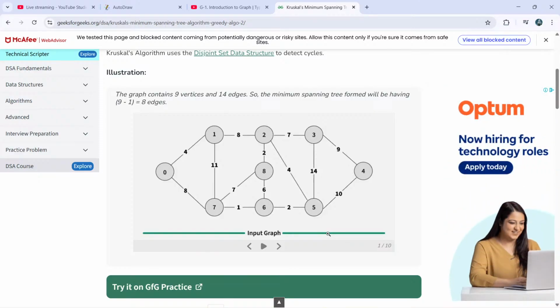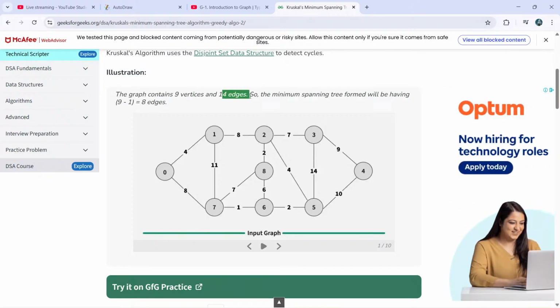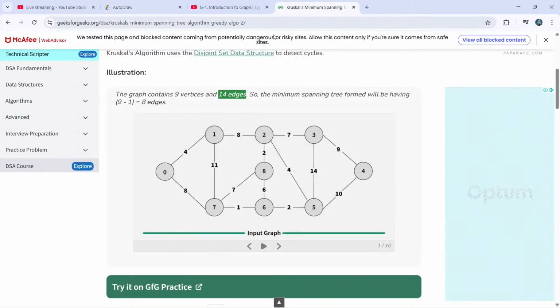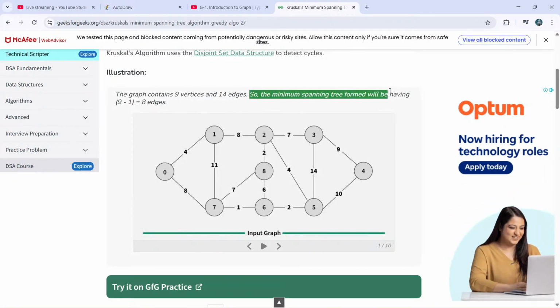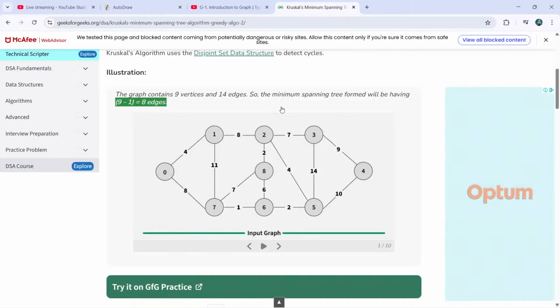Let's just understand this by seeing the graph. The graph contains 9 vertices and 14 edges. I'll just create the answer here. The minimum spanning tree formed will have 8 edges for this graph.